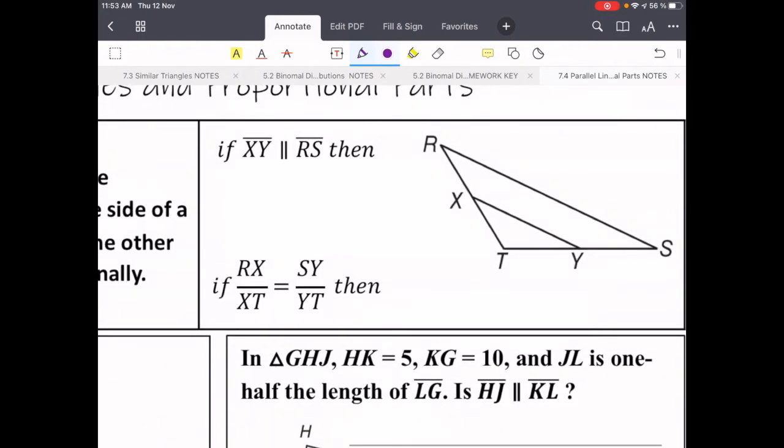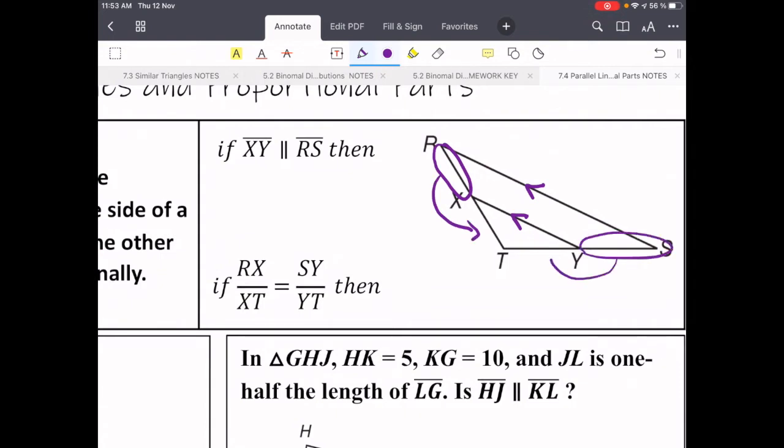So if XY is parallel to RS, then this segment has the same proportion to this segment as this one has to this one. Mathematically, that looks like this: RX is to XT the same that SY is to YT.